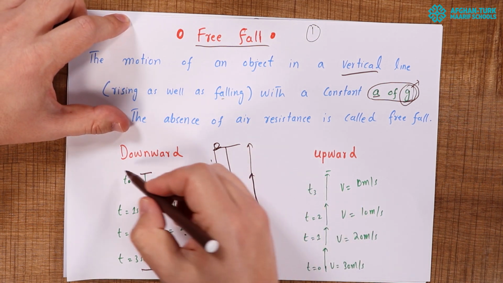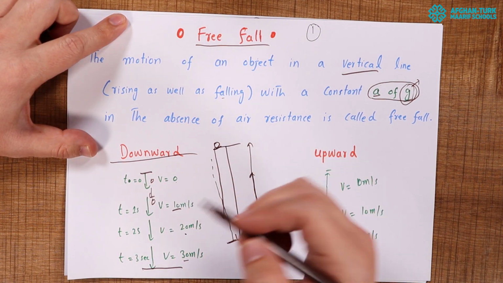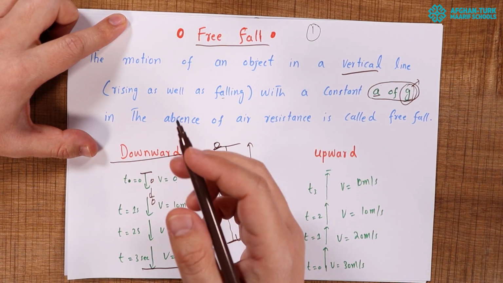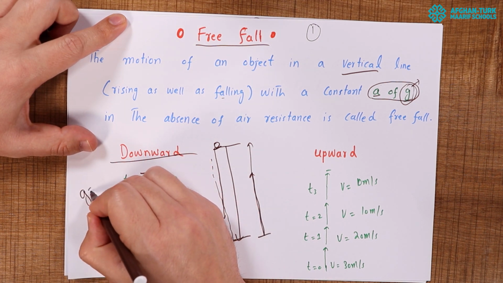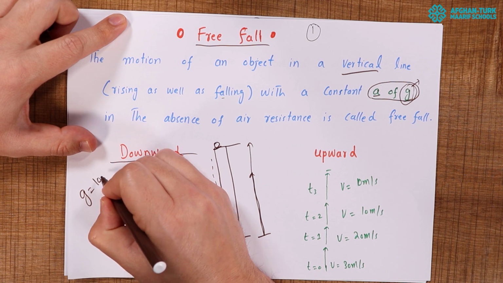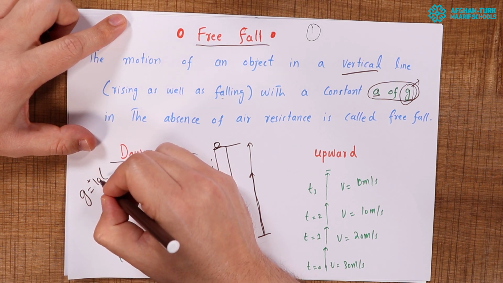One thing to remember here: if we drop something, or if the ball is coming down, or anything goes down toward the earth, we will take the g value as plus 10, or positive 10. Why positive?